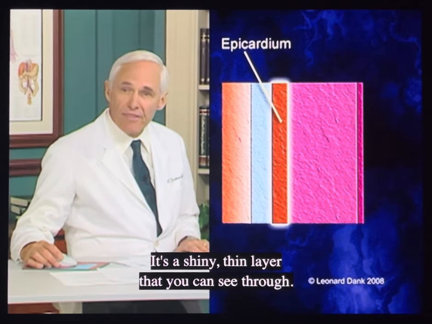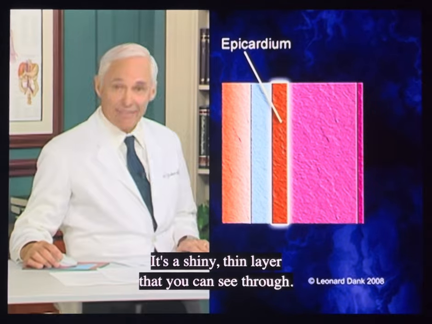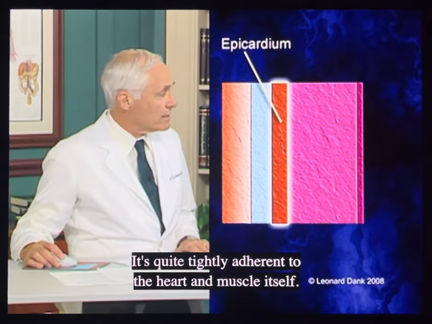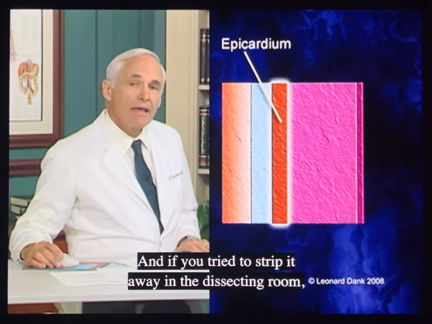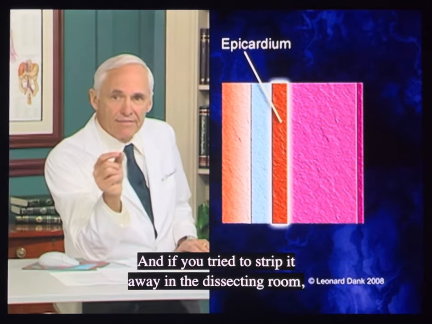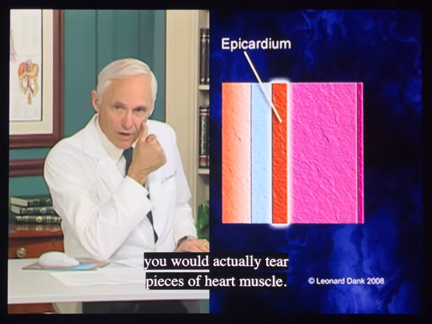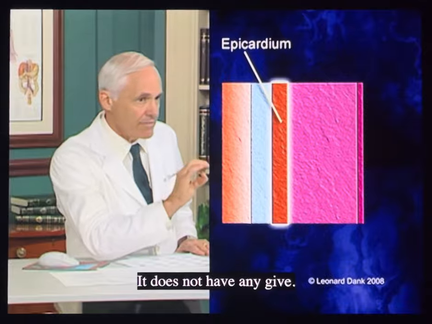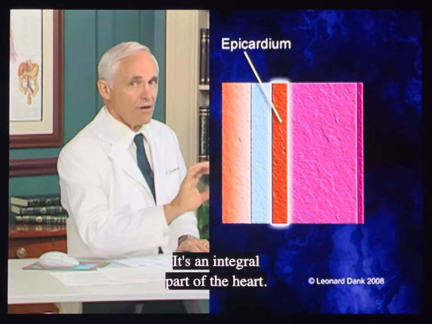It's a shiny, thin layer that you can see through. It's that thin. It's quite tightly adherent to the heart muscle itself. And if you tried to strip it away in the dissecting room, you would actually tear pieces of heart muscle. It does not have any give. It's an integral part of the heart.